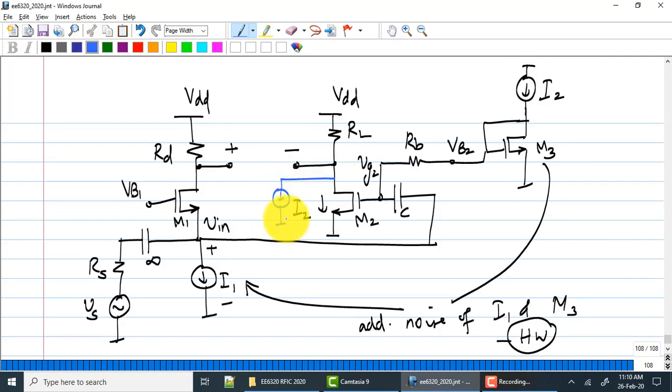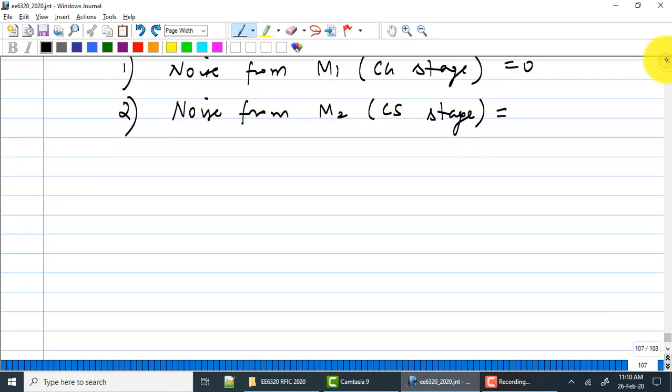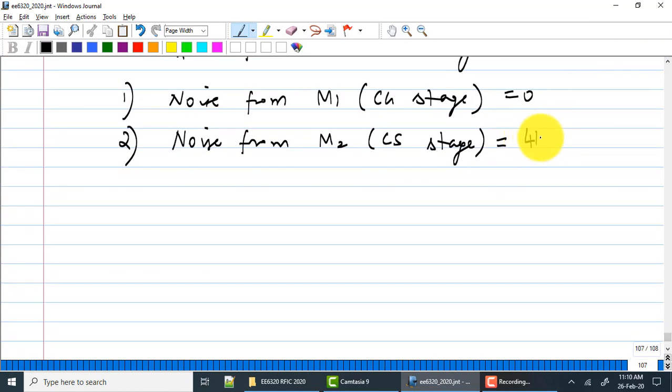Of course, none of it will flow on the RD side. When you take the differential output, it's VOD, you will basically get IDN2 squared times RL squared. Okay, so four kT gamma gm2 into RL squared. Okay, this will be the noise from the common source stage.